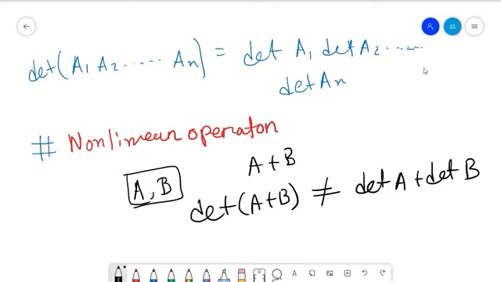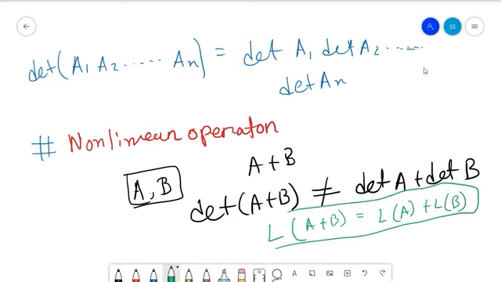Recall that any linear operator will satisfy this. Let's say I have a linear operator L and it is acting on matrices A and B again, so this will be true. This is the condition for a linear operator, but determinant doesn't satisfy this, so we call determinant a non-linear operator.